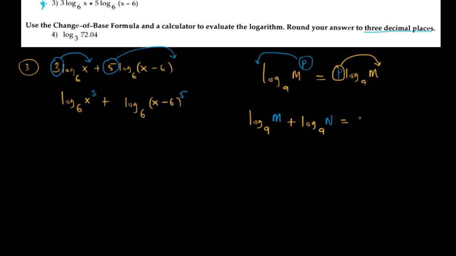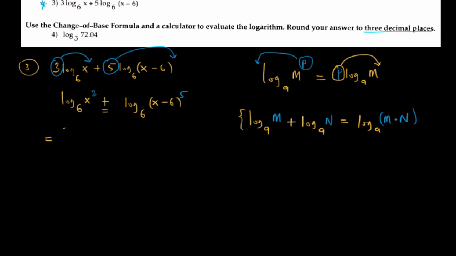In other words, you have log to the base a of m times n. So here we have the logarithm of two numbers with a plus sign between them, and I'm going to apply this law here.